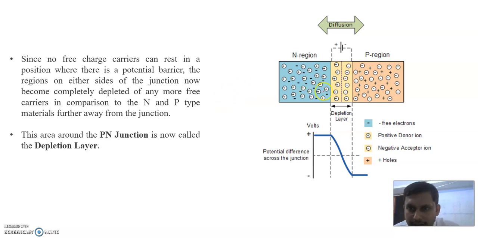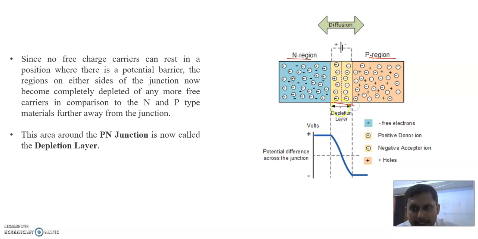Now, this is the n region, the n-type semiconductor, and this is the p-type semiconductor. In the p-type semiconductor, holes and negative acceptor ions are present, and in the n-type semiconductor, electrons and positive donor ions are present, and the depletion layer is formed at the PN junction.